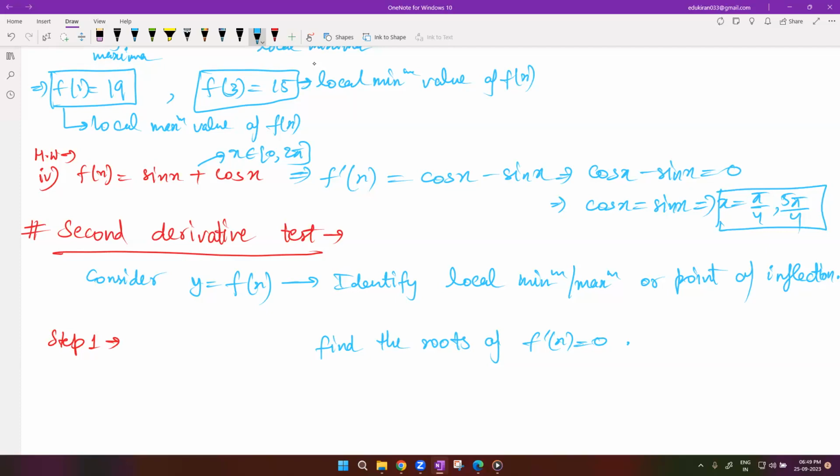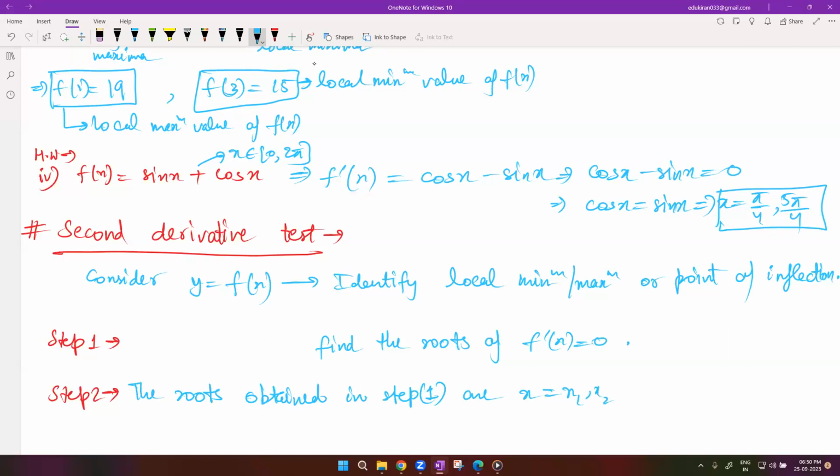So what do we need to do? Step 1 is take your function, differentiate it, put the derivative equal to 0 and find the roots. Now we will receive some roots. Let's say the roots obtained in step 1 are these.